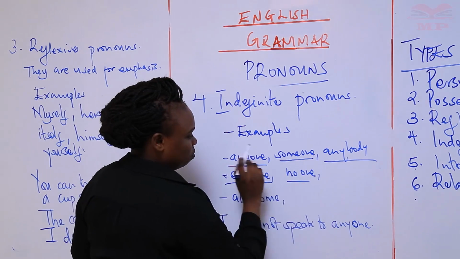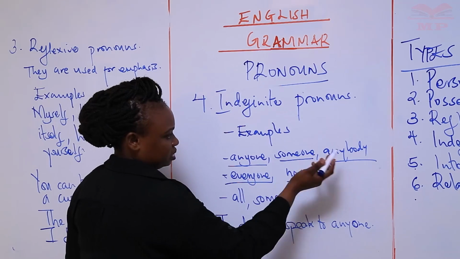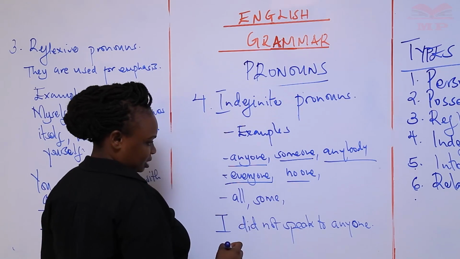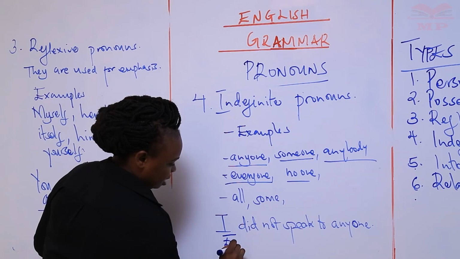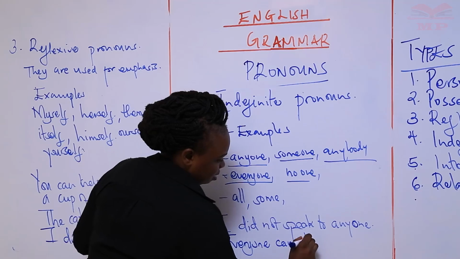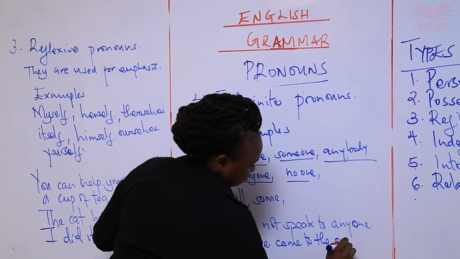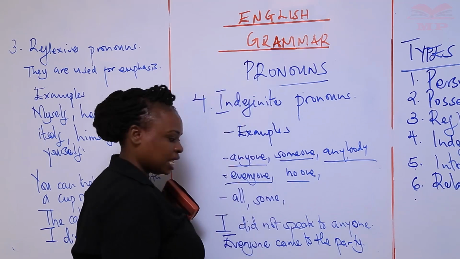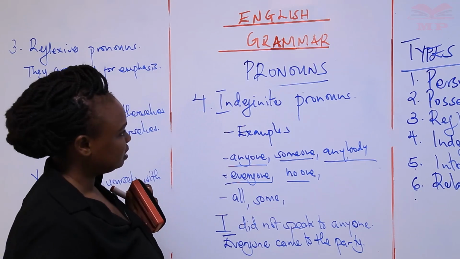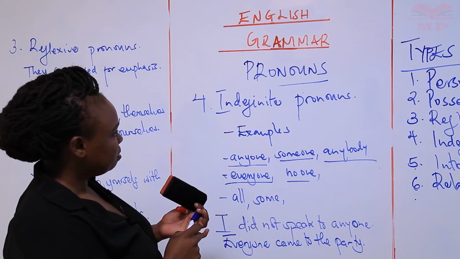But normally we have one word: anyone, someone, anybody. Don't write them as separate words. Another example, everyone came to the party. All right? So that is all for the pronouns.